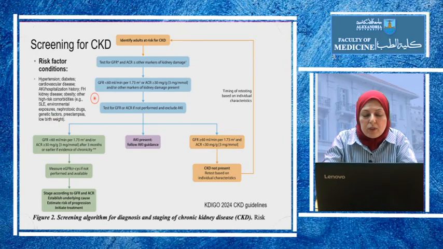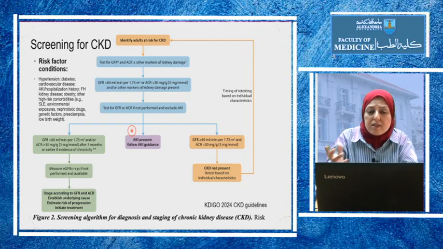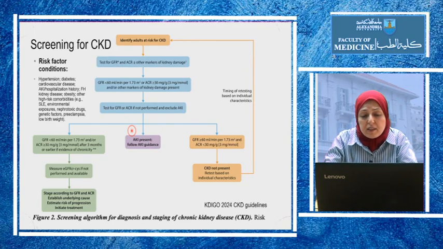If we detect in one of these follow-ups that the GFR is below 60 or that the albumin-creatinine ratio is above 30, or if there are other markers of kidney damage, then we should first exclude AKI, and if AKI is present, did the patient have a recent illness? Did he take any nephrotoxic medications recently?